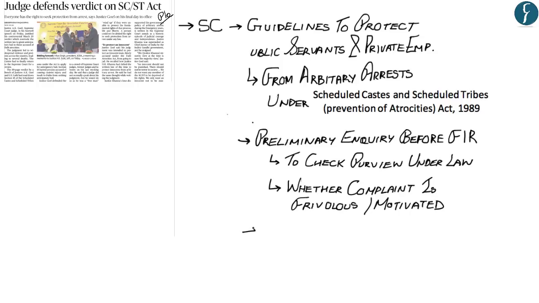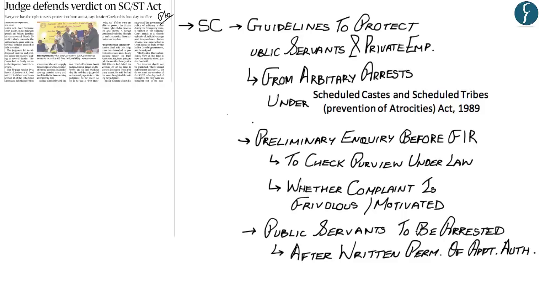And therefore, according to the Supreme Court, the public servants can only be arrested after written permission of their appointing authority. And in the case of private employees, such arrest must be allowed by the Senior Superintendent of Police or the SSP.